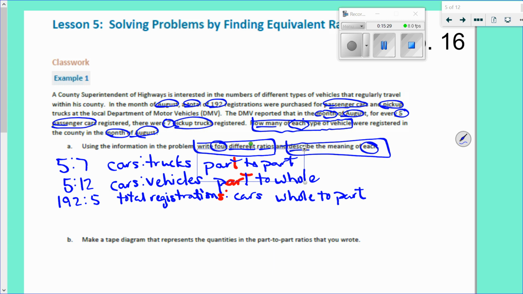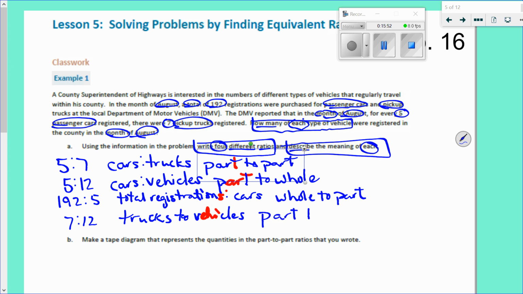Okay, and then what would that be? What's my description? Trucks to vehicles. And what type of comparison is that? A what? Part to whole. So another part to whole.